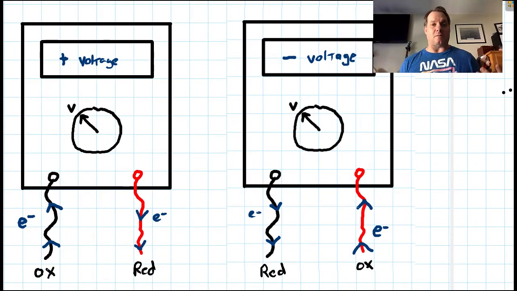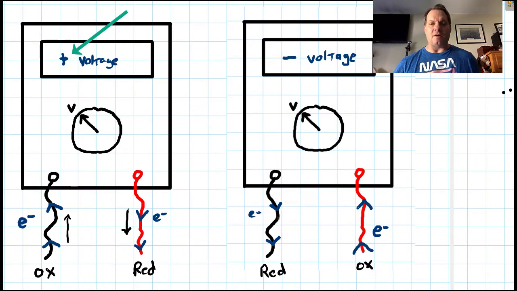Now, how does this thing work? When I have something attached to the black electrode, if it's undergoing an oxidation, the electrons are lost at that point. So the electrons are going to flow in this direction, meaning that on the other side they'd be flowing towards something undergoing reduction. We know reduction is the gain of electrons, oxidation is the loss. When we have that situation, our multimeter is going to register a positive voltage.